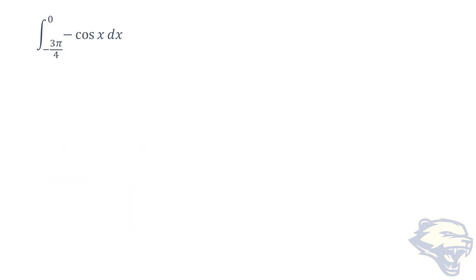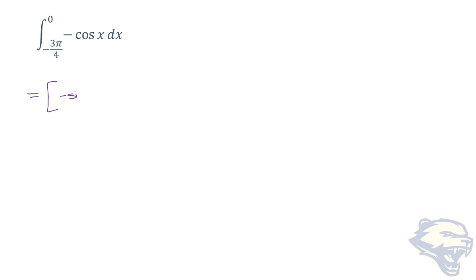Okay, so now we're going to look at the definite integral from negative 3 pi over 4 to 0 of negative cosine x dx. Again, don't assume everything needs U sub, it doesn't. U sub is only if we have a chain, and this is just negative cosine x. That's not a chain. There's only an x on the inside. So we're not U subbing this, we're just doing the antiderivative. Negative cosine is the derivative of negative sine.